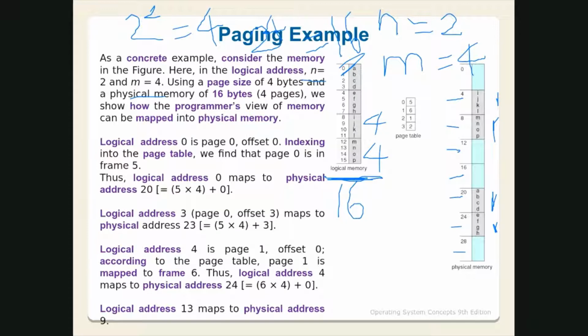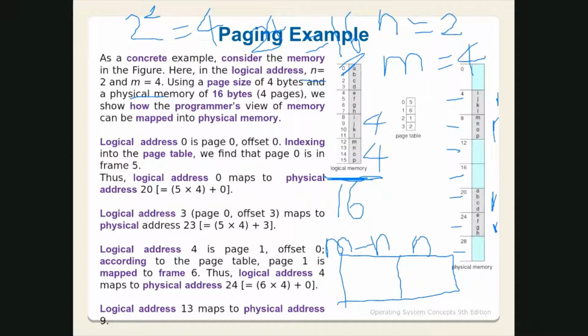So when you have the logical address, I told you about the higher order bits and lower order bits, and I mentioned how many bits. So here n bits for the offset, and m minus n for the page number.